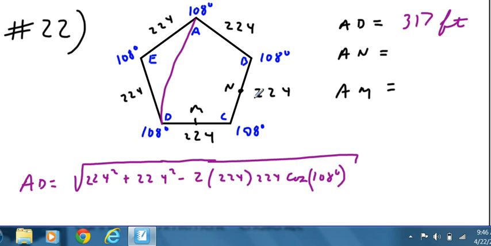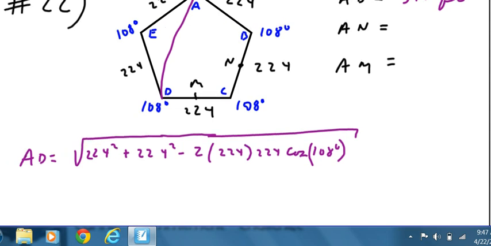I could be wrong too. But yeah, it looks like I put it in right. 224, 224, 224, everything's 224. So there's some question of whether or not we're right.